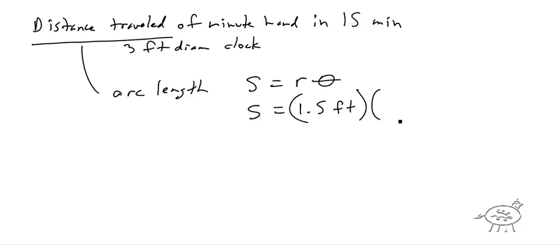We're only going 15 minutes, so isn't it 2 pi times 15 minutes over 60?